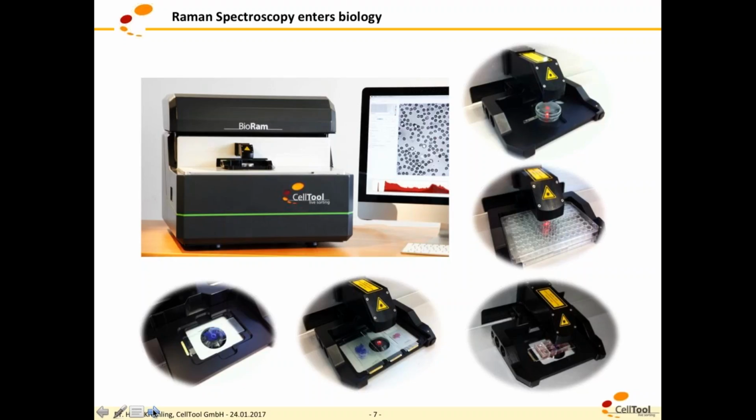It has an inverted microscope, as I said, so that you can analyze your samples without any contaminations. And in addition, you have different sample holders for multi-well plates, for slides, or also for small dishes, so that you can use your consumables you always use.